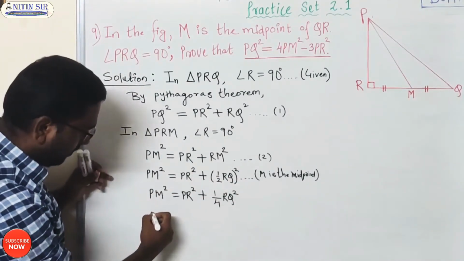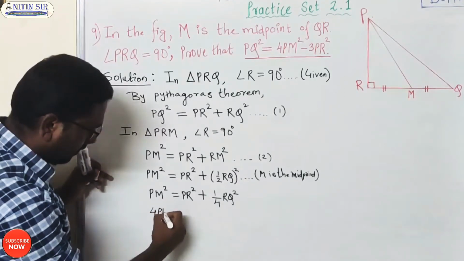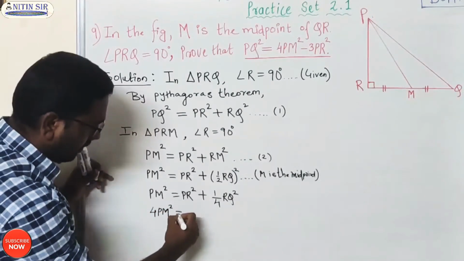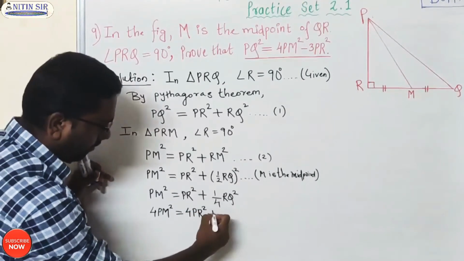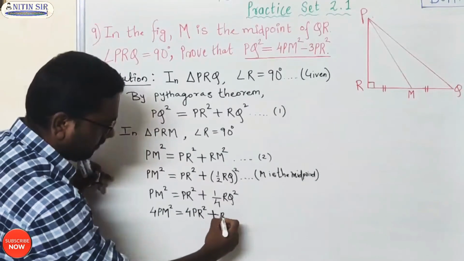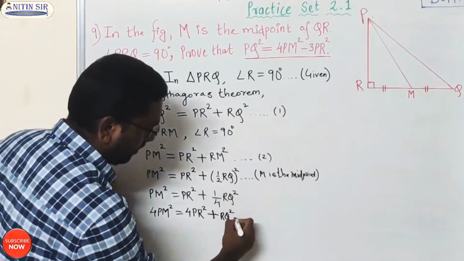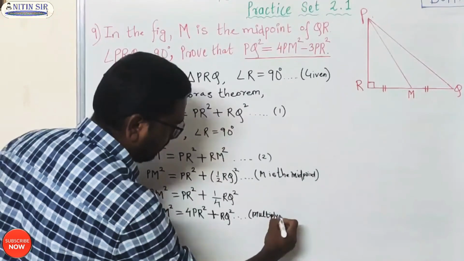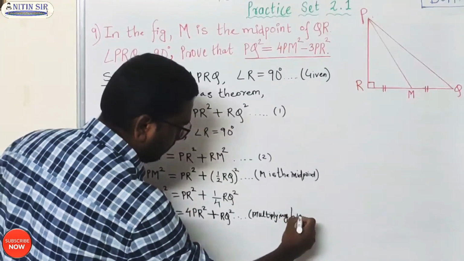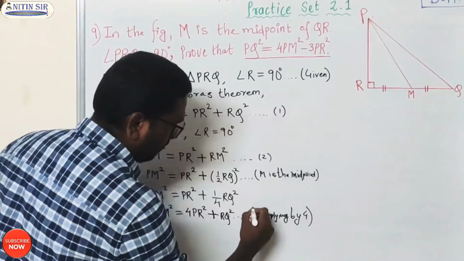So what we will get, 4 PM square is equal to 4 PR square plus RQ square. We write here multiplying by 4.